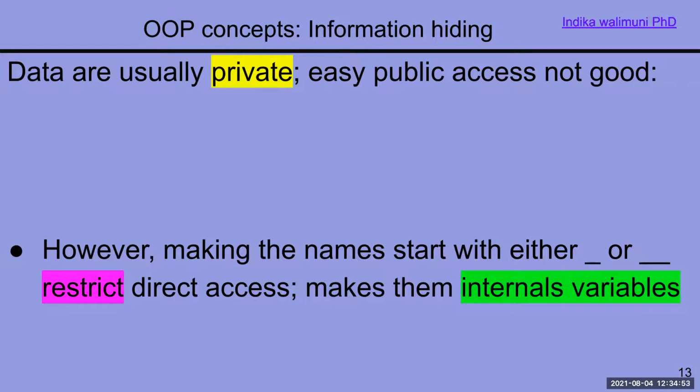From the client side, from outside, we don't have direct access to variables whose names start with a single or double underscore. So by making them internal variables we can sort of achieve hiding, but it's not perfect either.